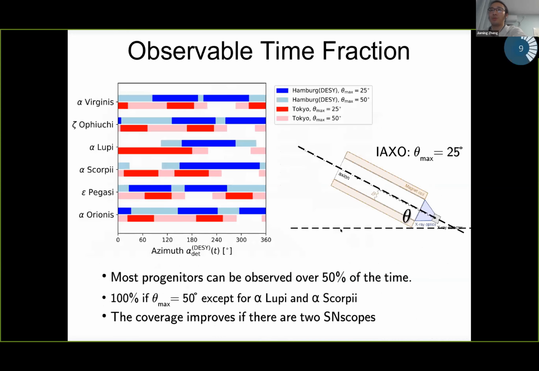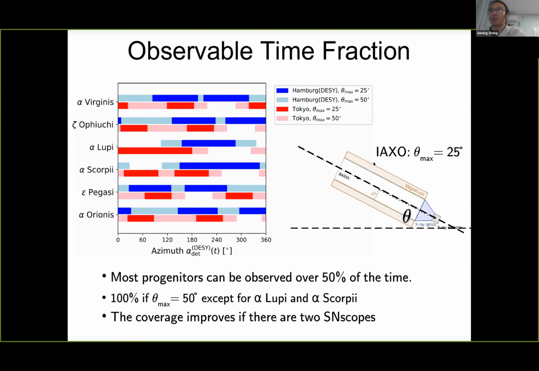So now that we know what the possible candidates are, the next question we want to answer is, would it really be possible to point the helioscope towards the supernova? Since the helioscope was designed to chase the sun, it does not need the mobility of rotating freely in the vertical plane.